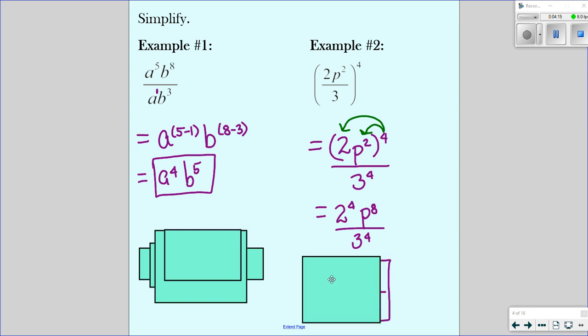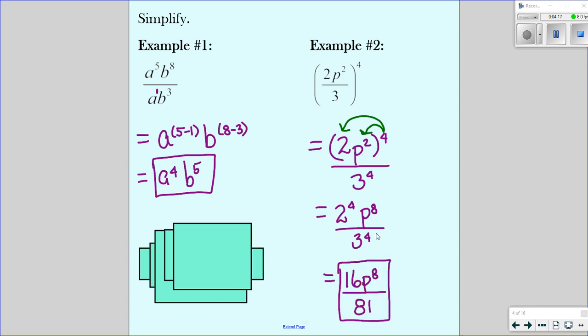So 2 to the 4th gives you 16, 3 to the 4th gives you 81, and then you have the p to the 8th in the numerator, and that's your final answer. This can't be reduced because 16 and 81, that's already reduced, so you leave it as is. But anytime you have a fraction that you can reduce, you simplify it, if that makes sense.